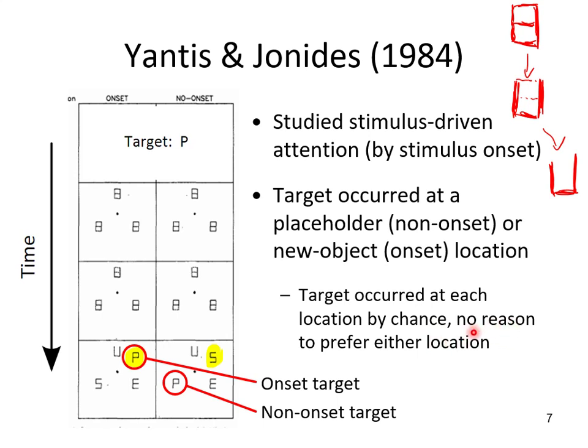Therefore, there is no real reason to prefer to look at the onset location or the others. Is there any benefit or cost to look at the onset location? No, they all have a 1 in 4 chance. So if any priority is given to the onset target, that would mean a stimulus-driven benefit.